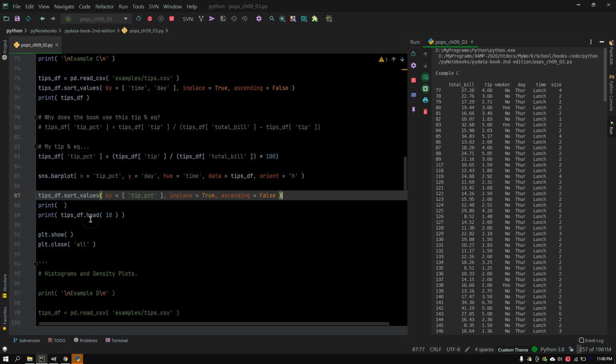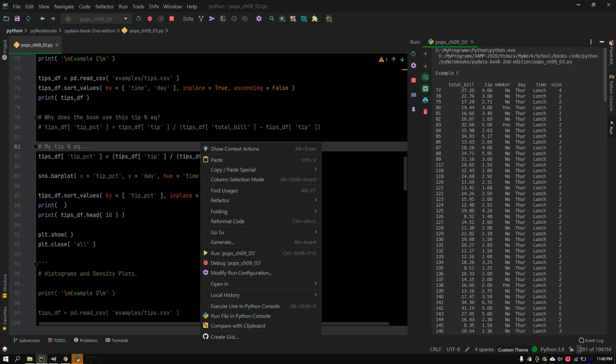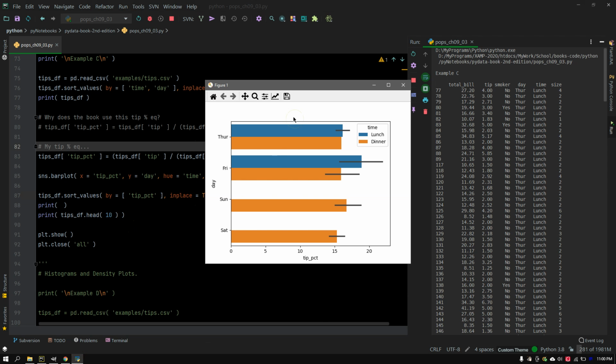Head for a data frame, by default, without an argument there, prints the first 5 rows of your data frame. I'm printing 10. So this is what we get.